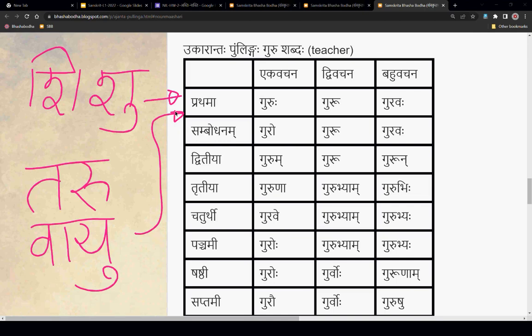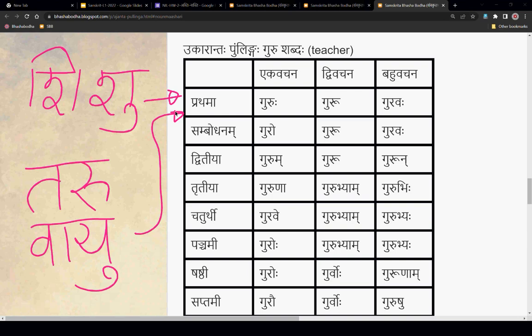Then other words are like Rahu, Ketu, many others. Sadhu. Prabhu. Prabhu means master. Bandhu.